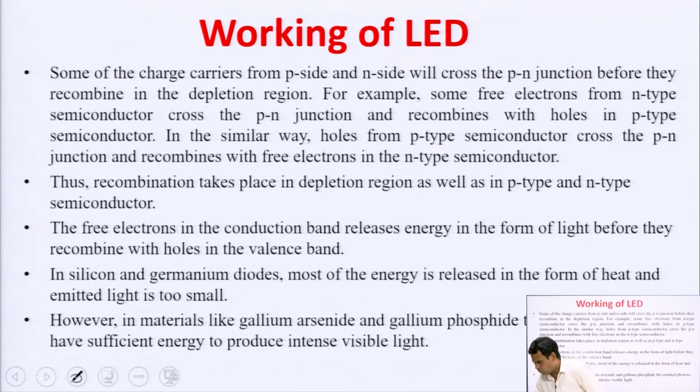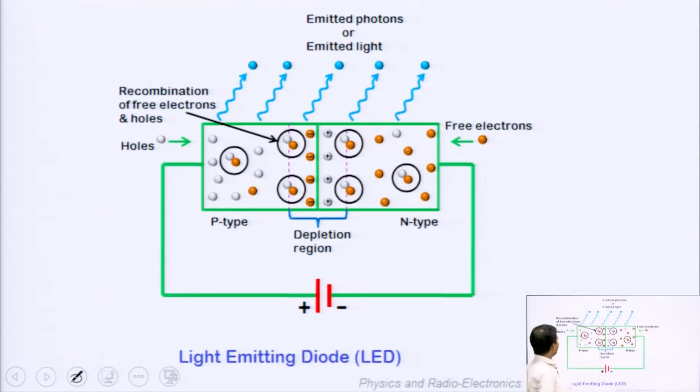Now, the working principle of LED. I am going to discuss the working principle of LED in this graph. All of us know that in n-type semiconductor, electrons are in the conduction band, that is at a higher energy level.